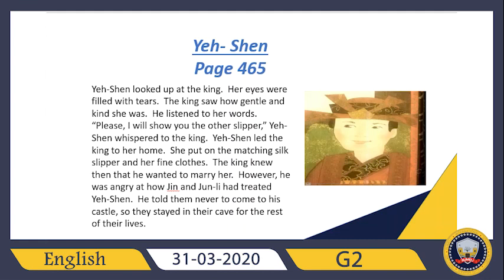So with this we can see that this fairy tale has a happy ending. Yeshin goes with the king, she marries the king and lives happily ever after. Whereas the evil in this story, Jin and Junli, they live in the cave for the rest of their time.